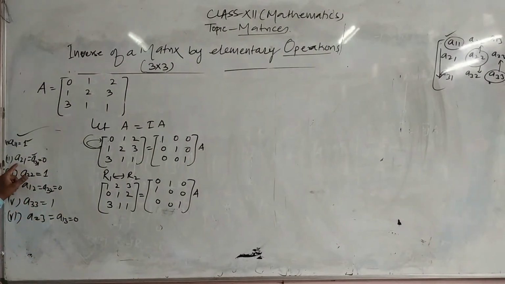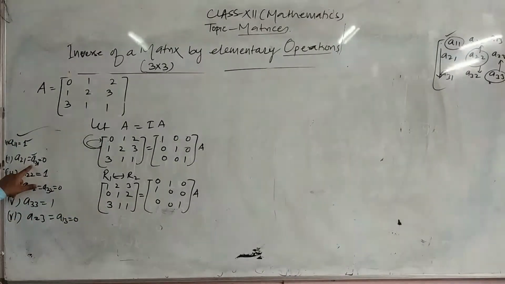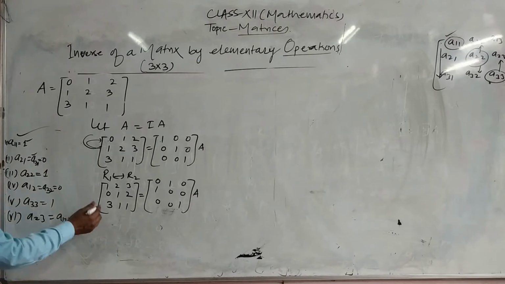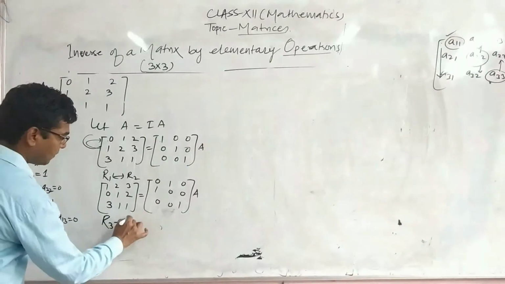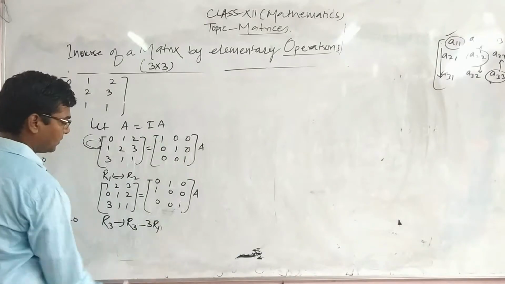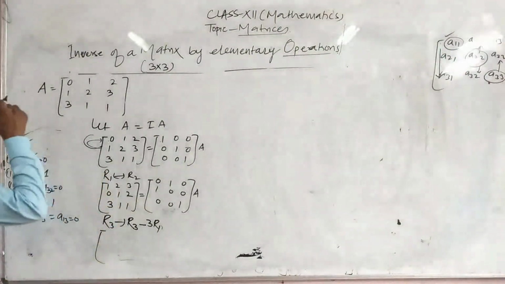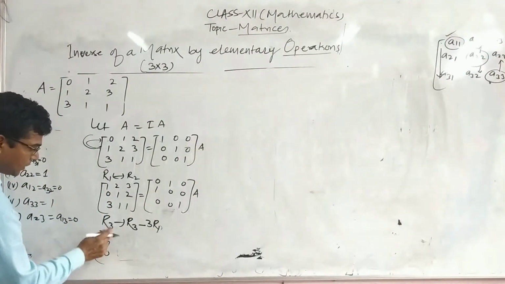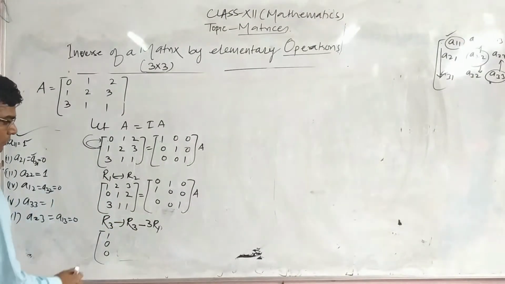Now A21 is already 0, no need to make it 0. So just do one thing, make the value of the element at place A31 0. So what will you do? This is row number 3. Okay, so from row number 3 we will subtract 3 times row number 1. So it will be 1 0 0 because 3 times 1 will be 3, 3 minus 3 will be 0.